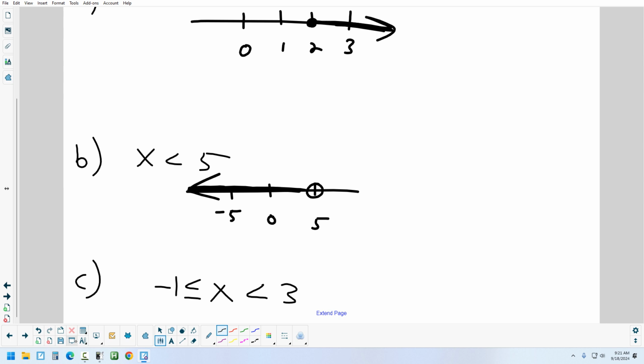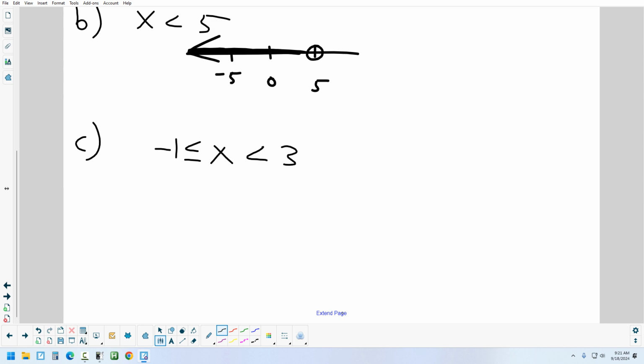All right, those were not conjunctions. The last one is. So -1 is less than or equal to x, which is less than 3. How would I graph this one?